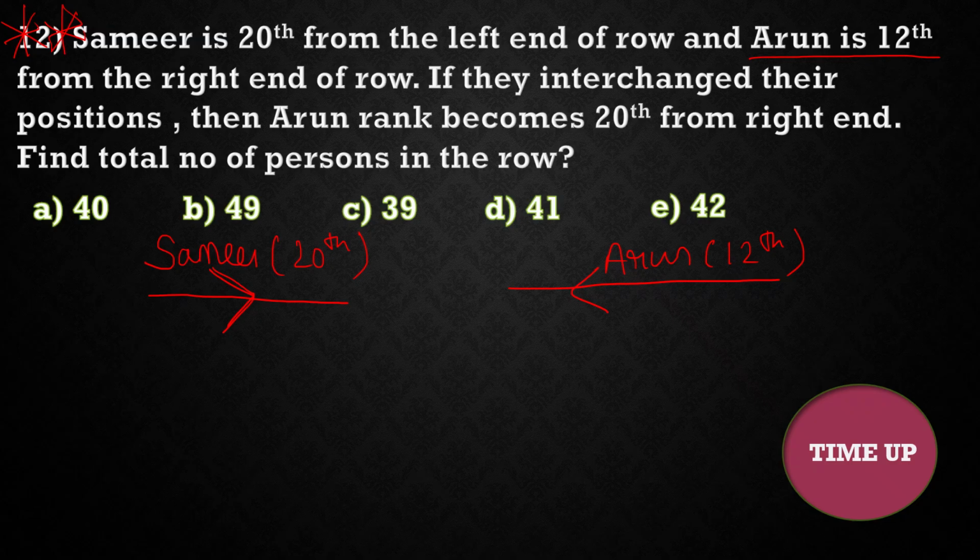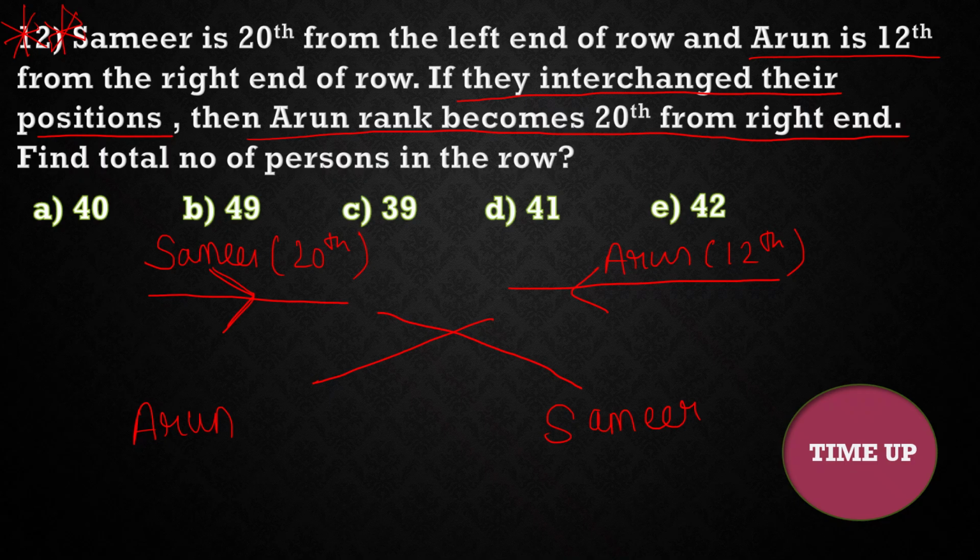Now they are saying if they interchange their positions, exchange their seats, then what happens? Arun's rank becomes 20th from the right end. So when they interchange their positions, Arun will be here and Samir will be here.